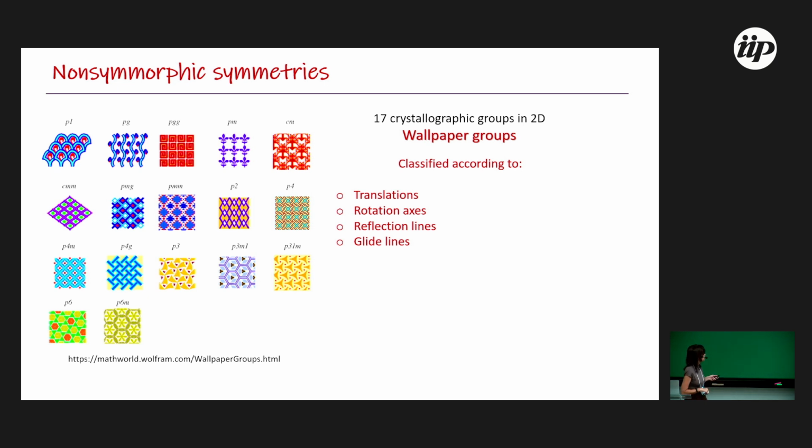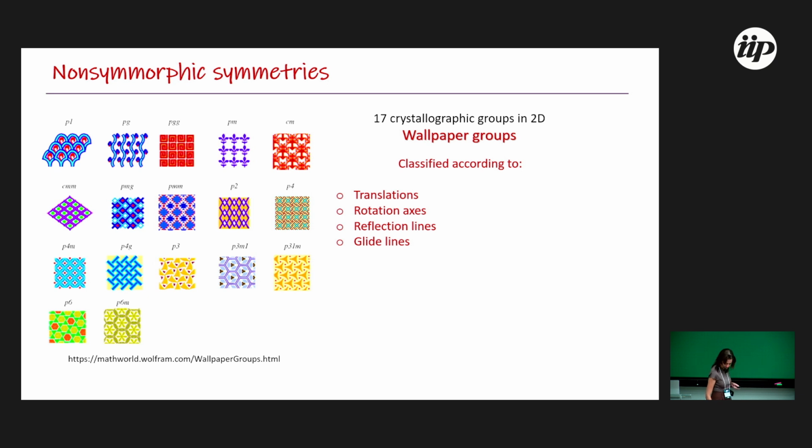And okay, so this all starts with this notion of non-symmorphic symmetry. So in 2 dimensions, so I'm talking about 2-dimensional materials, we have just 17 crystallographic groups. They are represented here by these nice wallpaper patterns, and these are actually called wallpaper groups, because all of them have an analogy with tiles or tapestry, stuff like that.